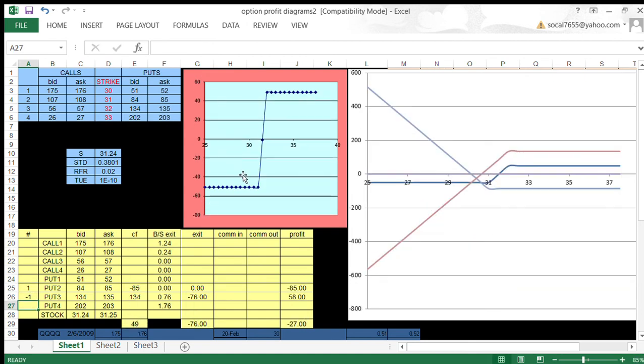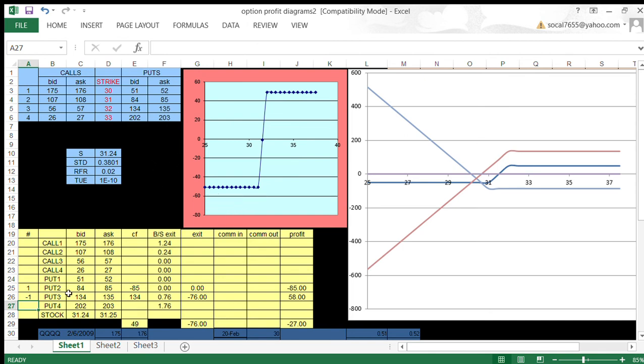There you go, same profit diagram. And of course, you'll notice that when I used puts to create that, I have a positive cash flow here. So I start off with a positive cash flow, and that's a put bull spread. Put bull spreads are net credit spreads, and we just saw that call bull spreads are net debit spreads.